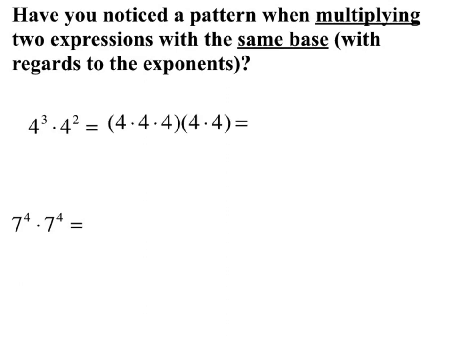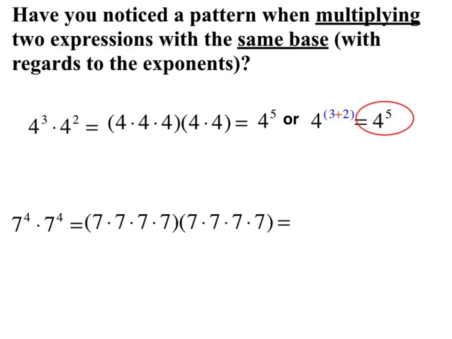When we first started doing these, I would write it out like this, but clearly, if we add the two exponents, 3 and 2, that is the fastest way of getting to 4 to the 5th power. Same thing in this one. The fastest way is by adding the two exponents together. Remember, this is only true if the base is the same when we're multiplying exponential expressions.